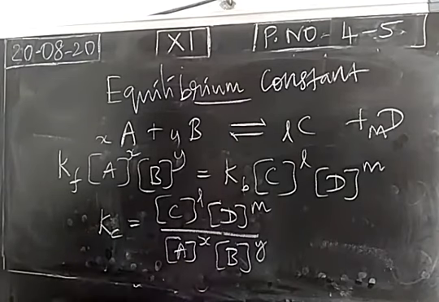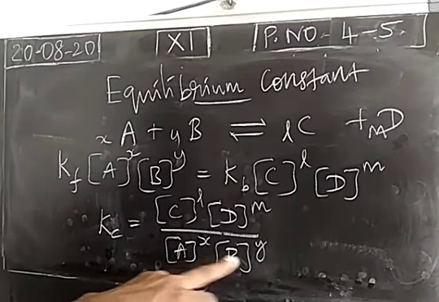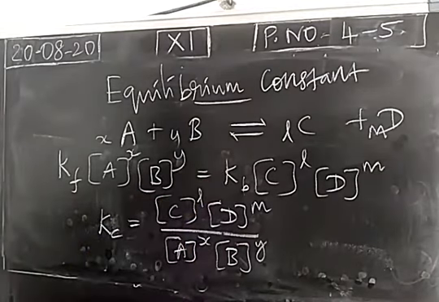Product of concentration of the products to the product of concentration of reactants, called the equilibrium constant Kc, and each term is raised to a certain exponential power based on the stoichiometric equation. So this is called the equilibrium constant Kc.